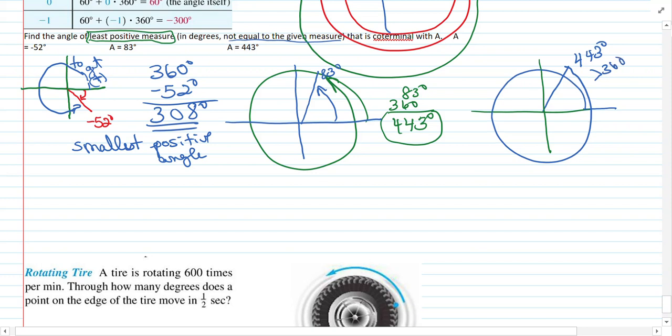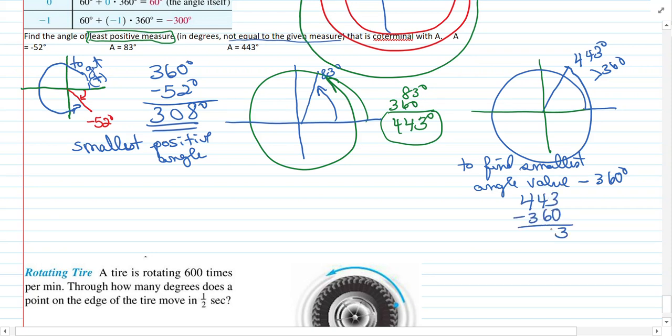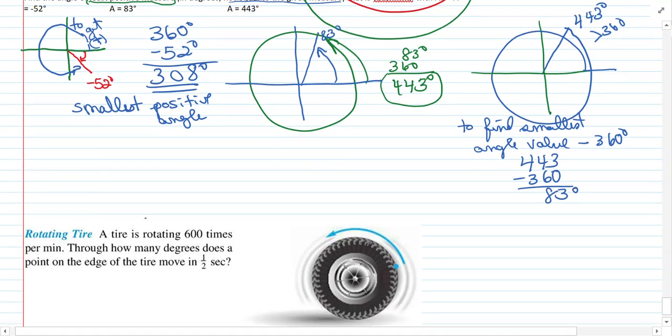So to find the smallest, I would subtract 360 degrees. So that would be the 443 minus the 360, 83 degrees. There you have it, coterminal.